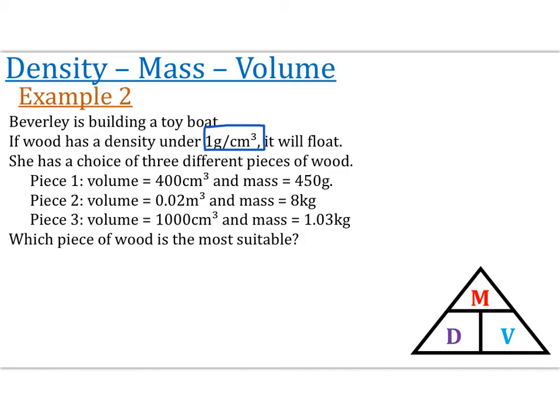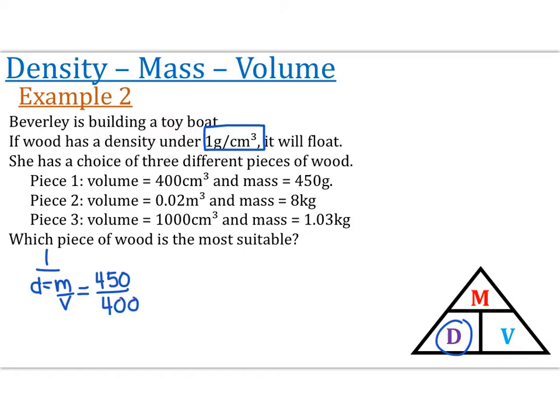Let's have a try. Let's start with piece 1. They want us to find the density, so we do mass divided by volume. The mass is 450 divided by the volume, which is 400.